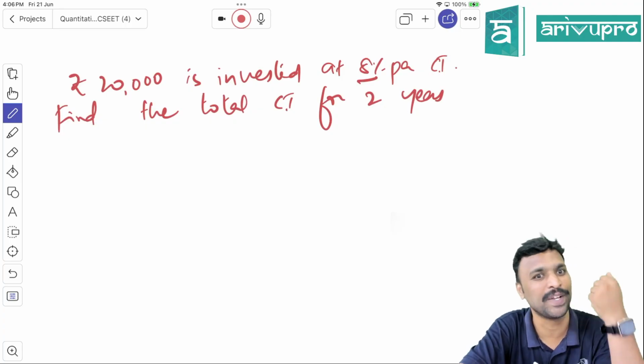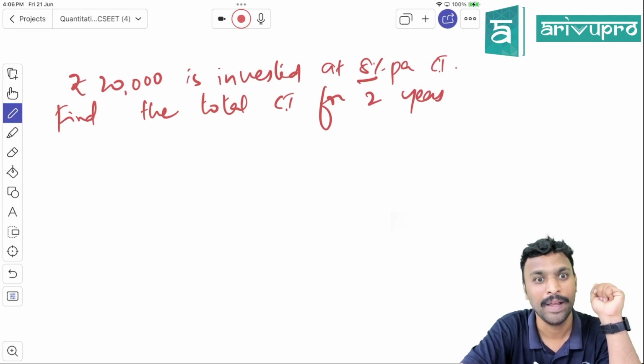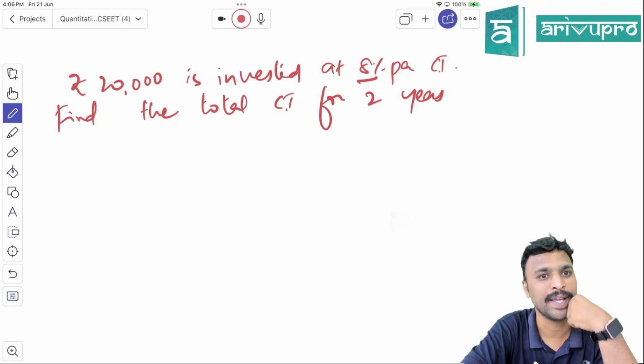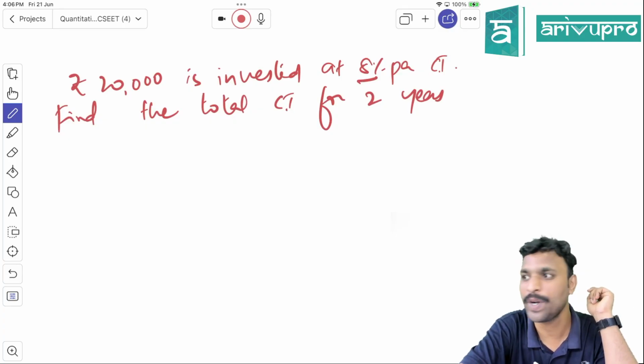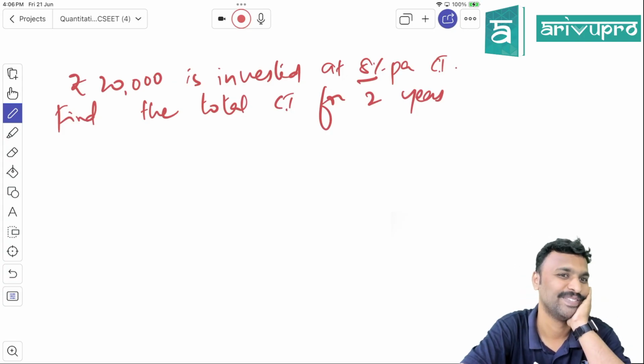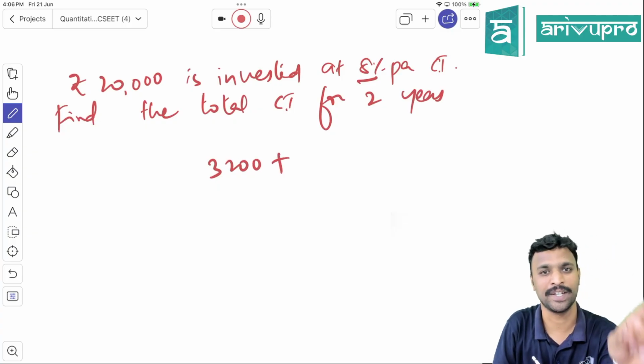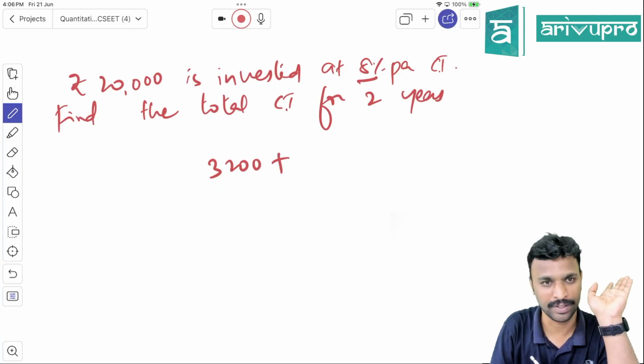Because 10% is 160, 8% will be less than 160 only. So 128 is the right answer. So 128 rupees extra than SI. SI for 2 years is 3,200, because 1,600 for 1 year, 2 years 3200.